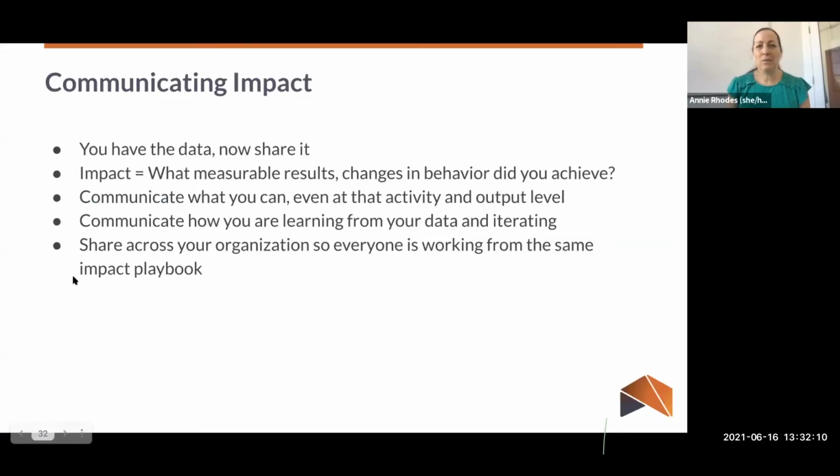There's a few key ways that we really recommend. So grounding that impact in the data. You've tracked these data points, you're tracking your impact. Now, there may be a question coming through that says, Annie, impact is not a short-term result. Jen mentioned I worked at the Ford Foundation.